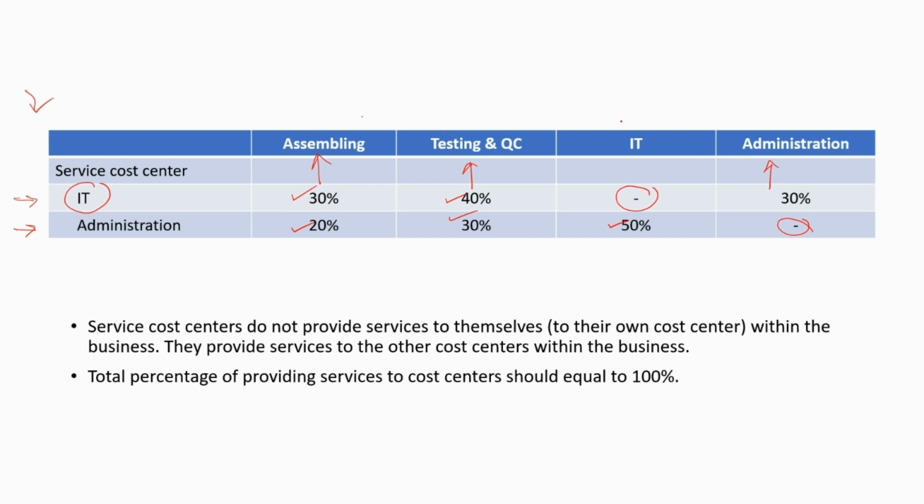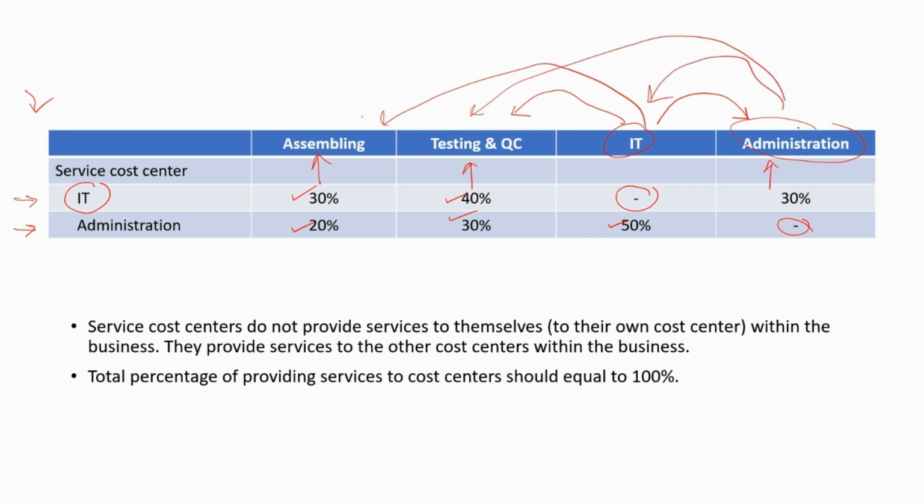Very important thing to notice here. Service cost centers will provide services to other cost centers including other service cost centers. IT is a service cost center which provides services to another service cost center. And this administration cost center will also provide services to all the other cost centers within the organization.